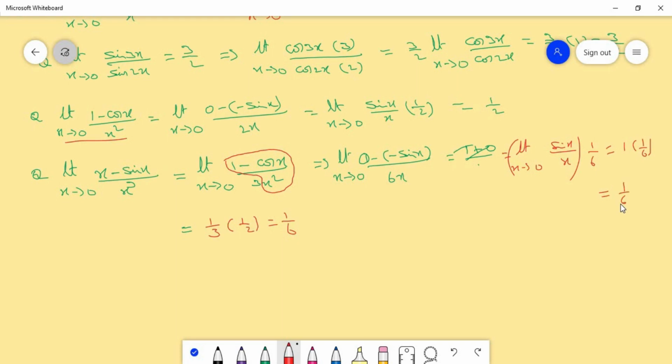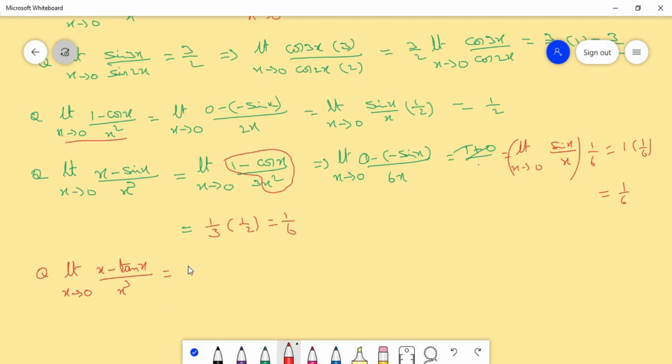Okay. Next one. Limit x tends to 0, x minus tan x by x cube. Here also check in the place of x is 0, we get the 0 by 0 form.